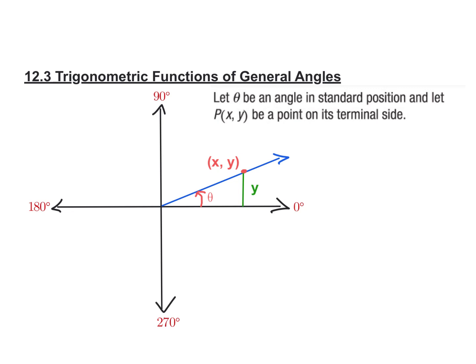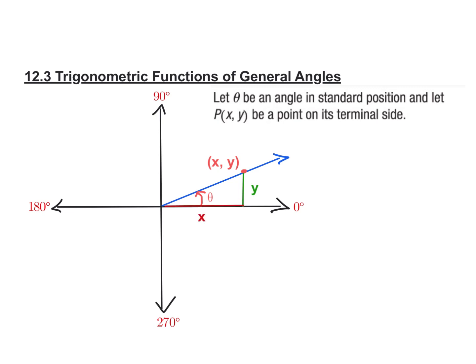And as you can tell, if I drop it down just right, I create a right triangle. If I know that this height of this triangle is y, what is this length right here? x. That's probably why I said x earlier, because I was thinking about x.